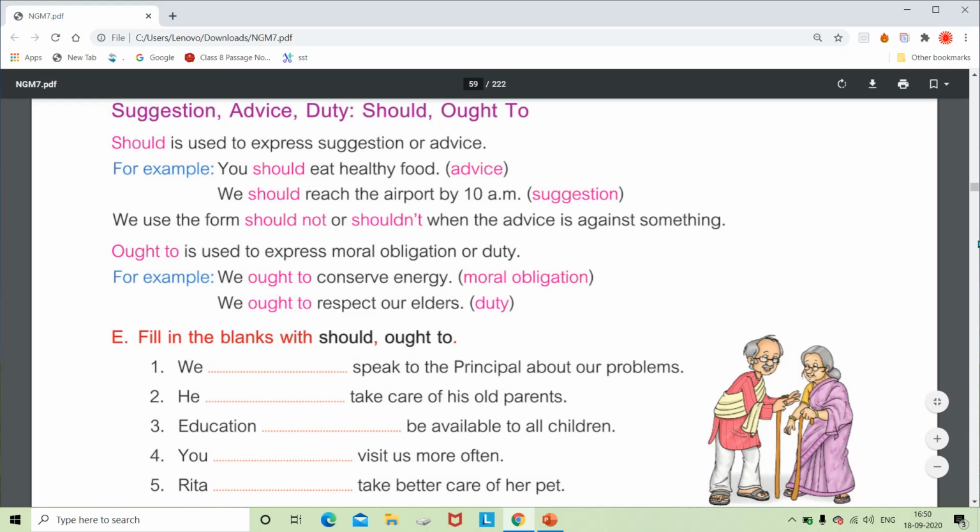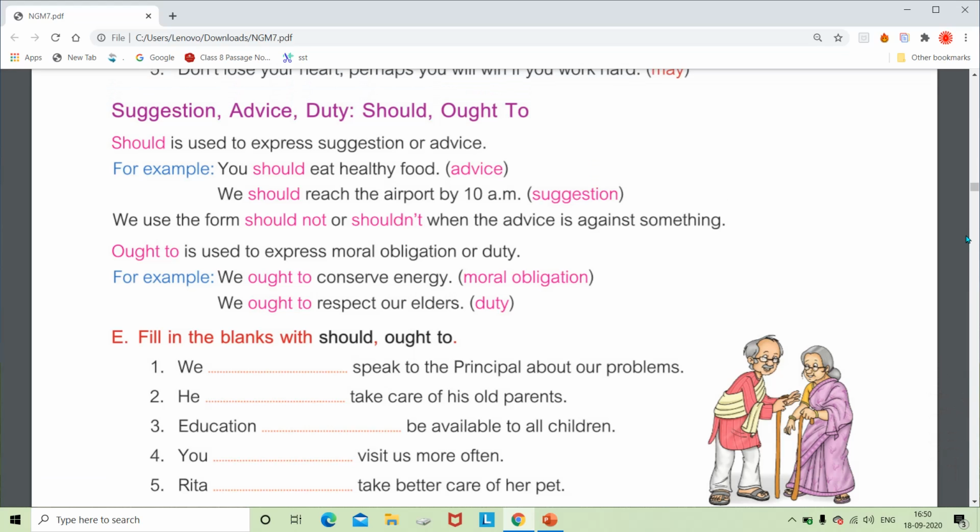In the same way, here we have to fill in the gaps using these two auxiliaries, should and ought to. V1 is already given. You just have to choose one out of these two, should or ought to.